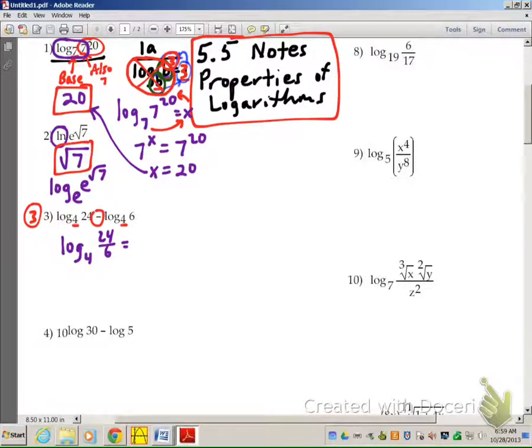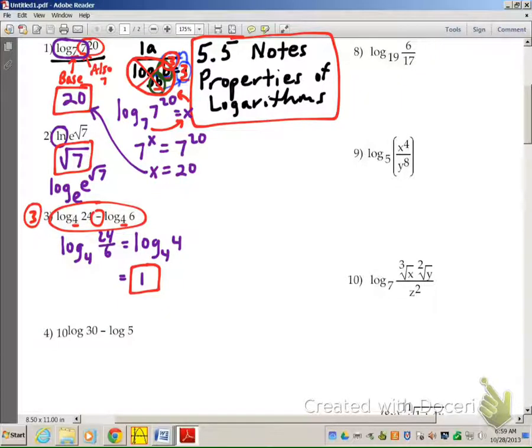And then you can simplify the quotient. That's free game. Anytime you have a quotient like that, you can go ahead and simplify it. 24 divided by 6 is 4. And we already know, based on property 1a that we've already talked about, that log base 4 of 4 is equal to 1. And so this whole thing has a value of 1. Plain old boring 1.